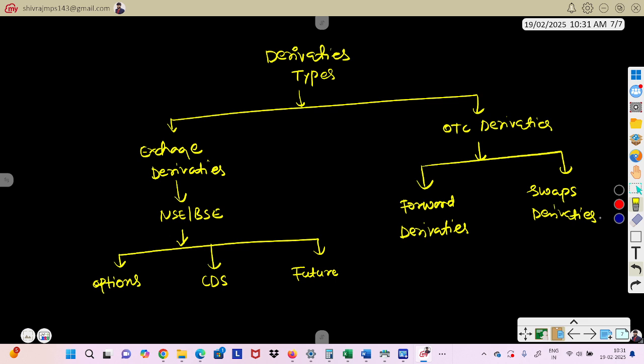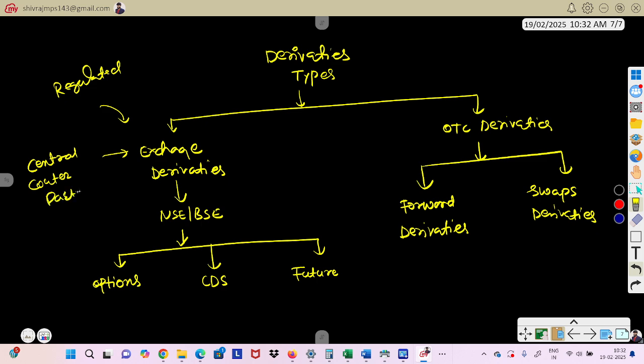From the differentiation perspective, exchange and OTC: exchange derivatives are highly regulated derivatives. Here the exchange takes care of everything and works as a central counterparty.